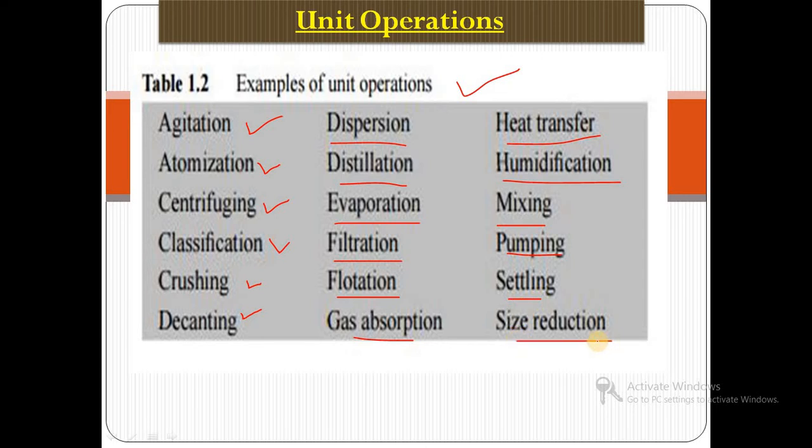So these are some examples of unit operations. Then some of the parameters we have also studied deeply in the last unit, that is size reduction, size enlargement techniques, then crushing; such techniques we have studied.